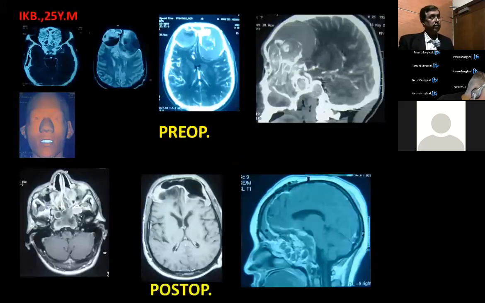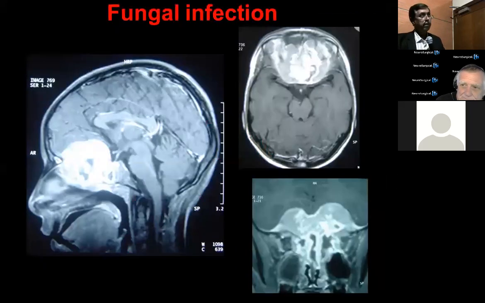You may get fungal infection, and I want to share with you this patient of mine from Libya, 25 years old, with this extensive fungal infection going intracranially. Look at the hypertelorism. This is the pre-op, and this is the post-op. Another case of mine with this fungal infection. What type?